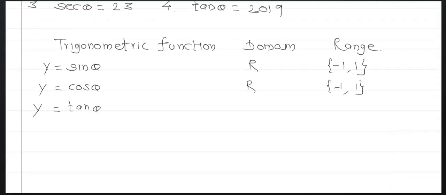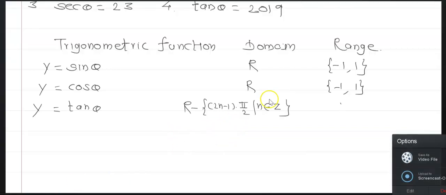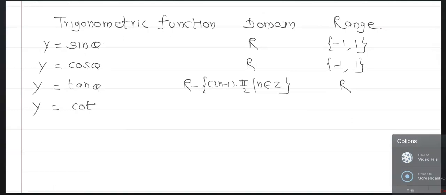And third one is tan theta: its domain is R minus (2n minus 1) into pi by 2, where n belongs to the set of integers. This is the domain, and its range is the set of real numbers.